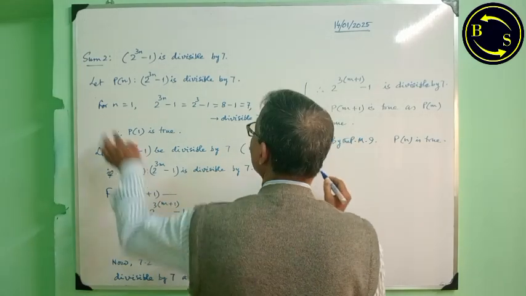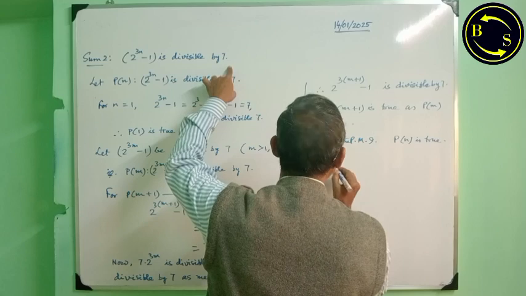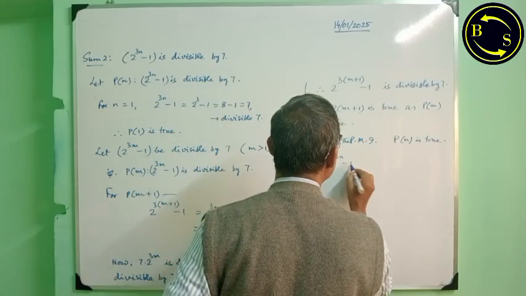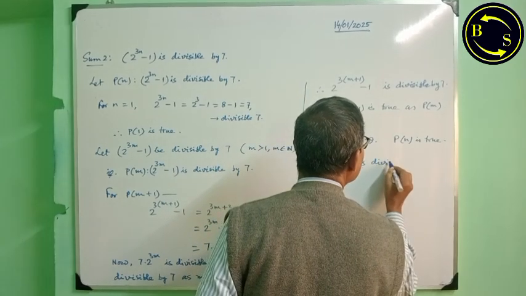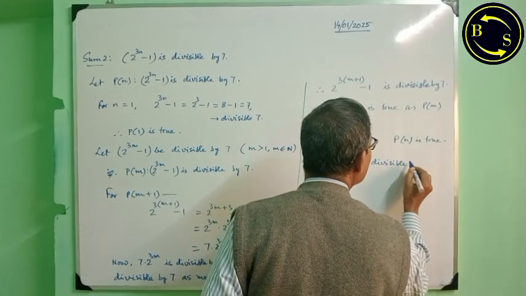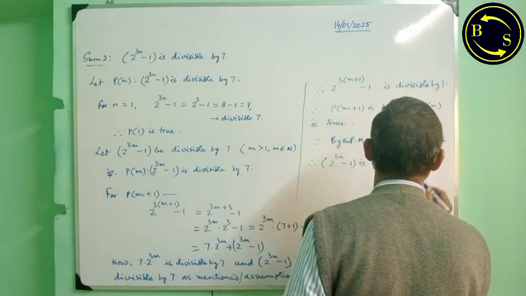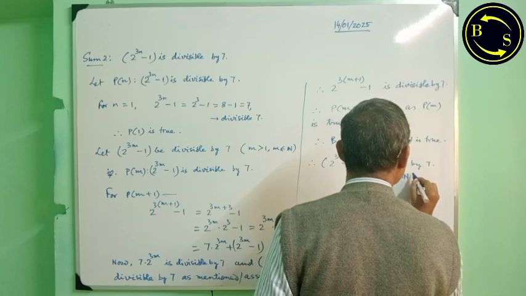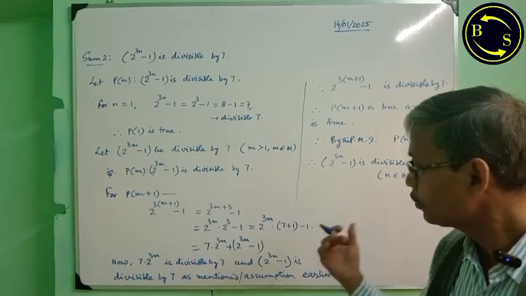Therefore, finally we have to write this statement: 2 to the power 3n minus 1 is divisible by 7, where n is, remember, of the set of natural numbers.